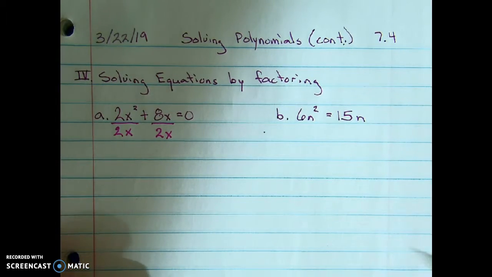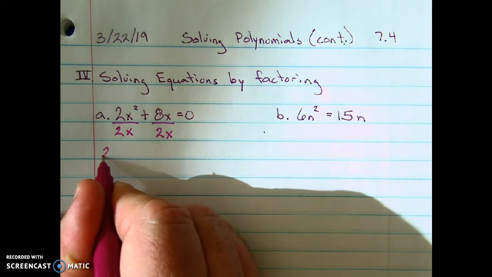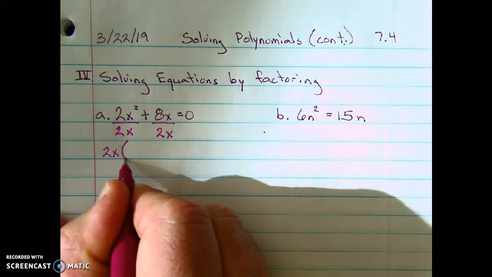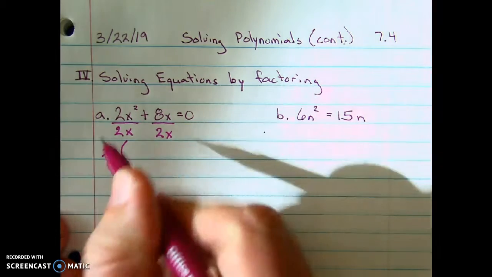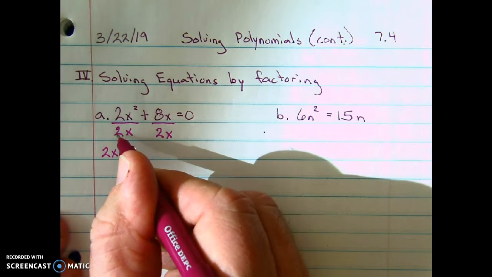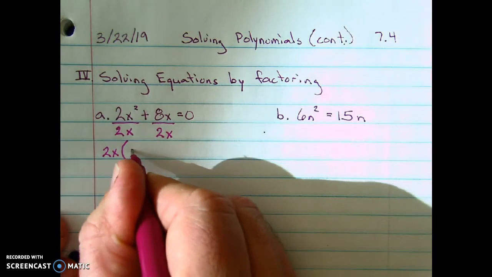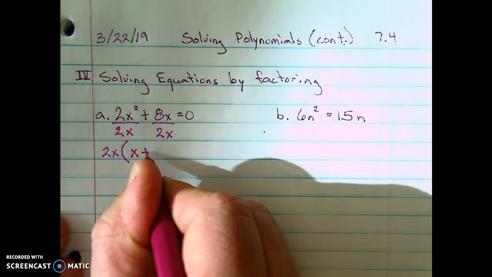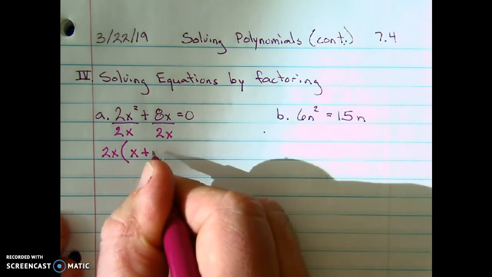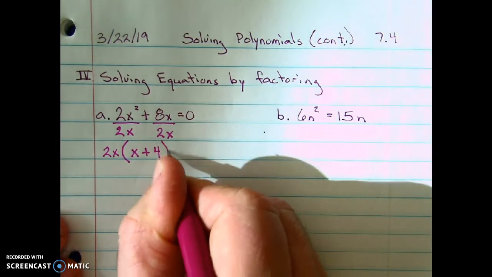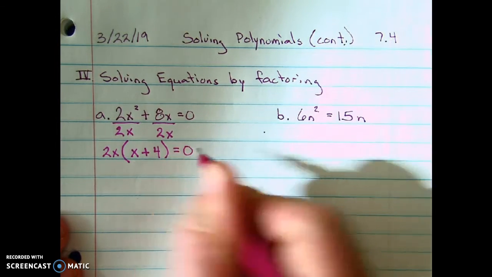Now that's not really just going away. It's just coming out front. So I'm taking it out of the full expression, putting it out front, and then I'm going to have stuff left behind. So 2 divided by 2 is a 1, so it can go away. X squared divided by x, that's just going to be an x. And then plus, I'll have 8 divided by 2, which is 4, and the x divided by x goes away.